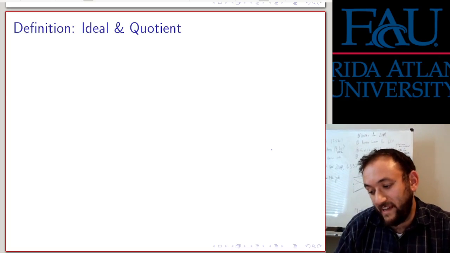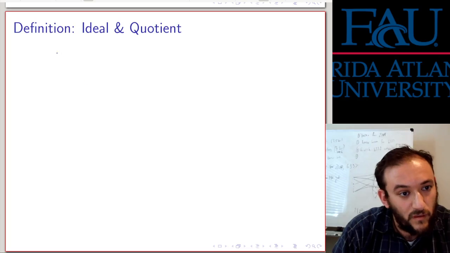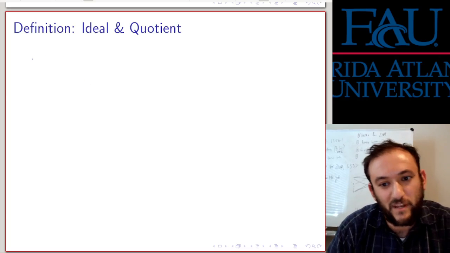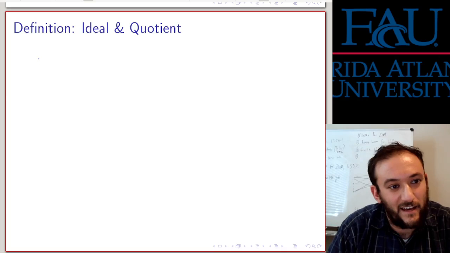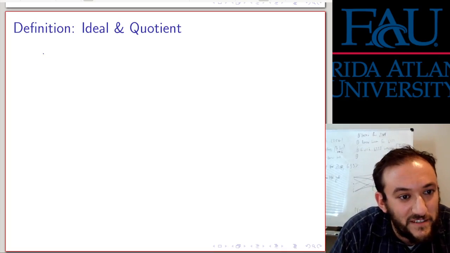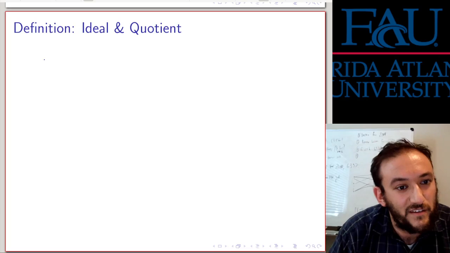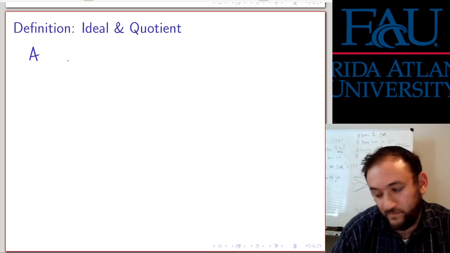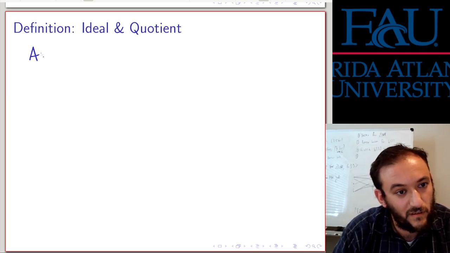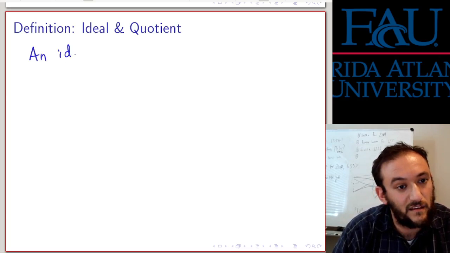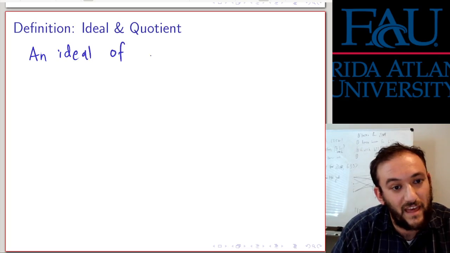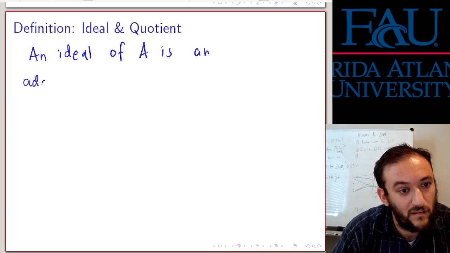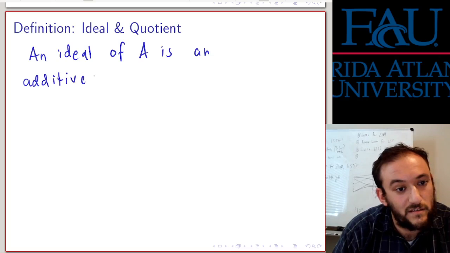Okay, now let's talk about ideals and quotients. So I'm going to attempt writing a mathfrak script, a fraktur script. So an ideal of A is an additive subgroup.